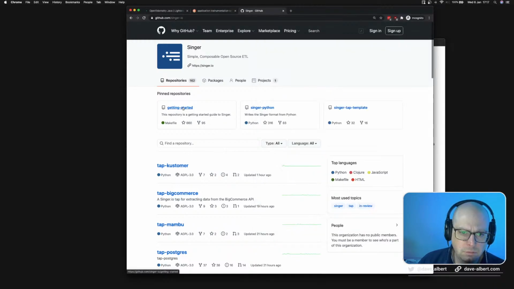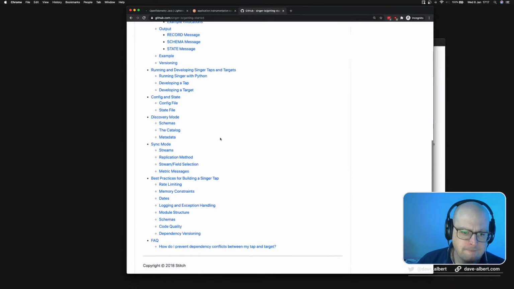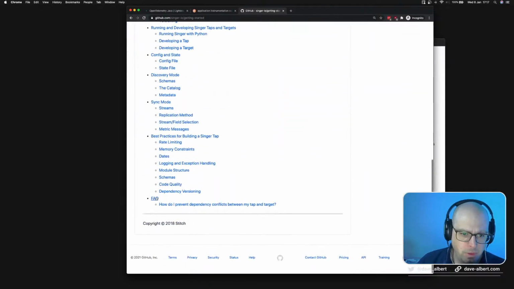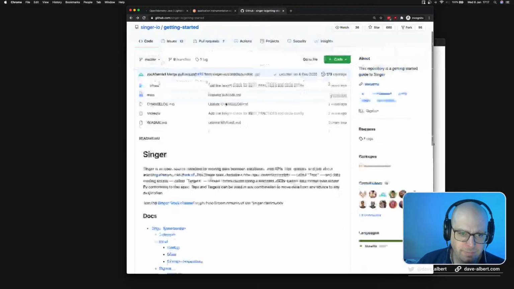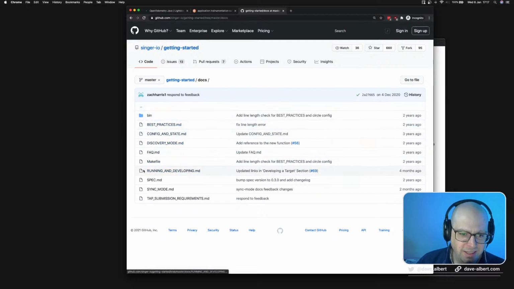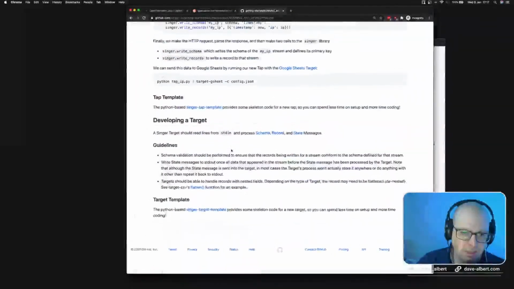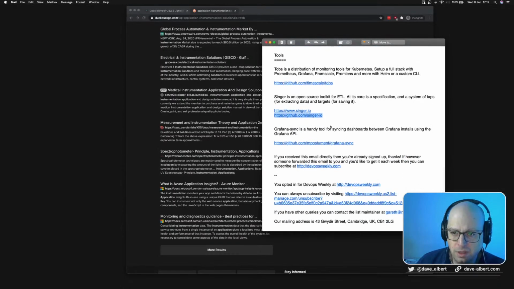So getting started with Singer. Okay. How about, what does it look like? How's it work? Running and developing. Yeah, no, I'd have to go too deep into that one. Syncing dashboards between Grafana installs. That's cool.